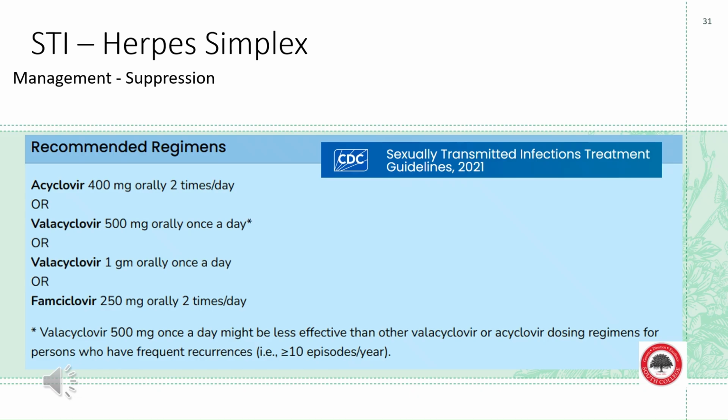Many people prefer suppressive therapy, which has the additional advantage of decreasing the risk for transmitting HSV2 genital herpes to susceptible partners. Because remember what we said, that asymptomatic shedding occurs among people with this infection.